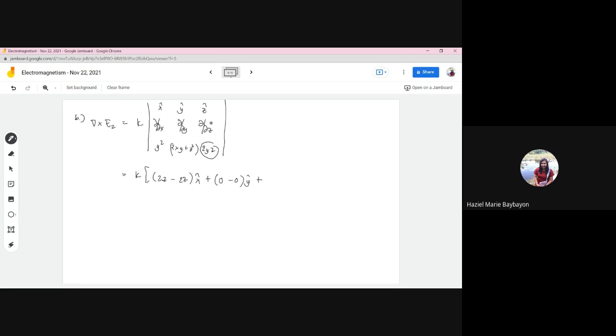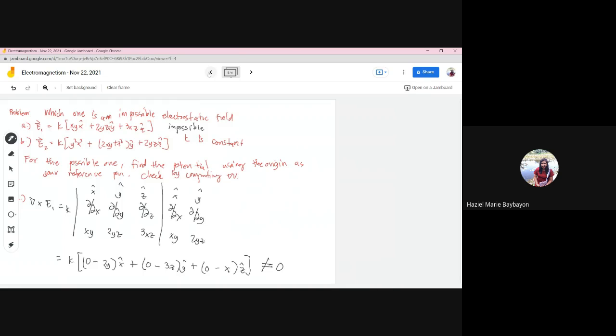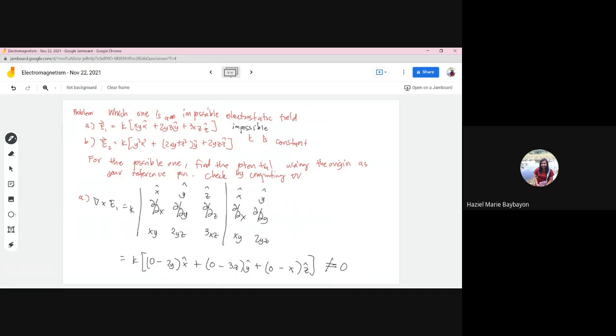And for the z component, differentiating this with respect to x, you have 2y, minus differentiating this with respect to y, you also have 2y. Therefore, the curl of E sub 2 is equal to 0. So this is a possible electrostatic field.